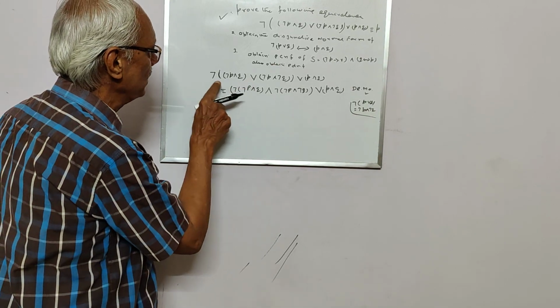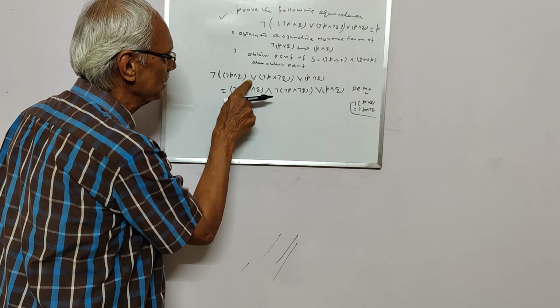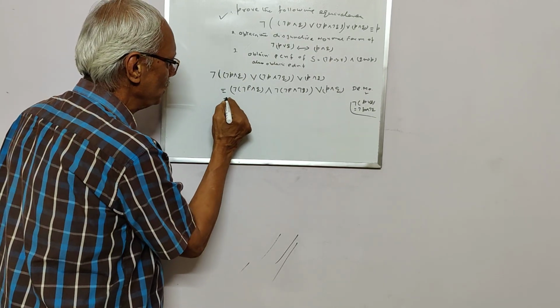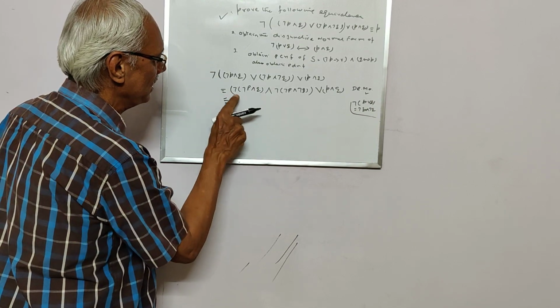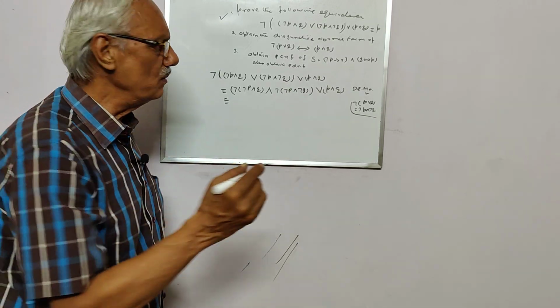Here I have used De Morgan's law: the negation of this disjunction is conjunction, and negation of this. Now you take this negation inside. Again I am using only De Morgan's law.